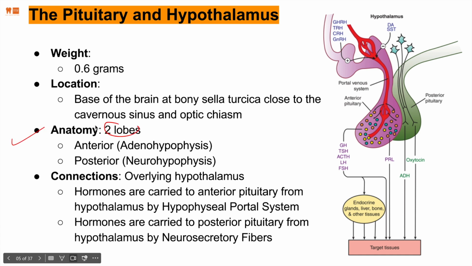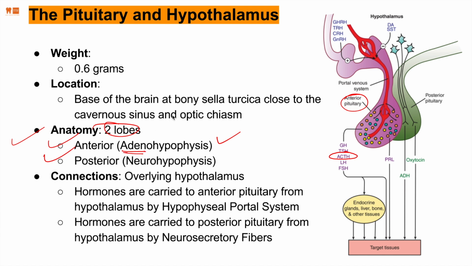Anatomically, there's 2 lobes. We've heard anterior and posterior, but we need to know that they're also called adenohypophysis. What does that mean? Adeno means any hormones that are released from the anterior pituitary will have at least an ACTH in here, and that is how you remember adeno.